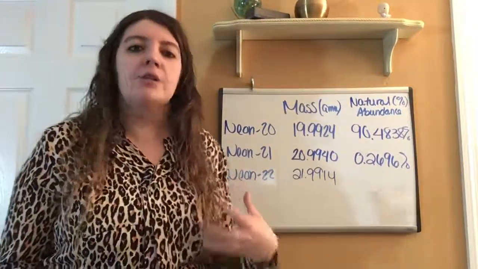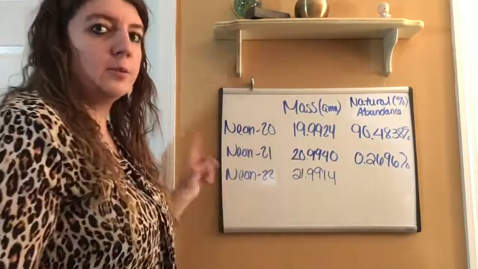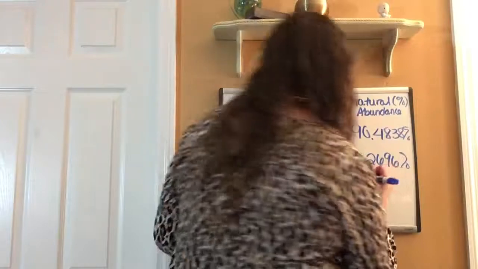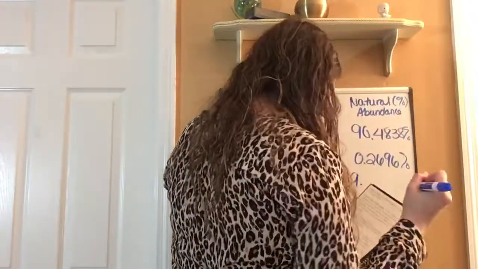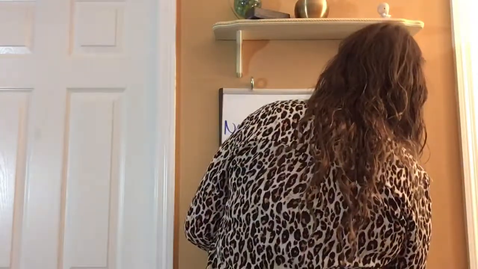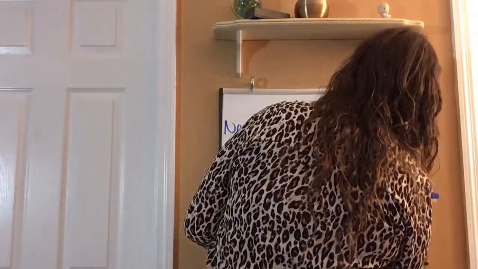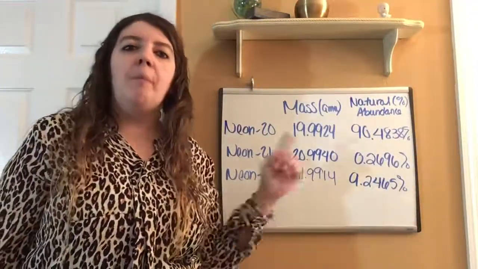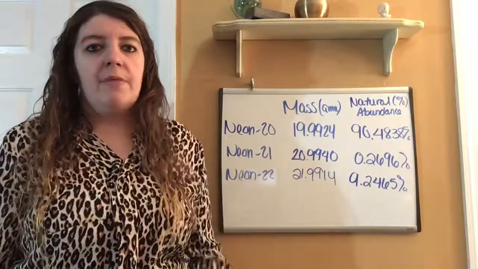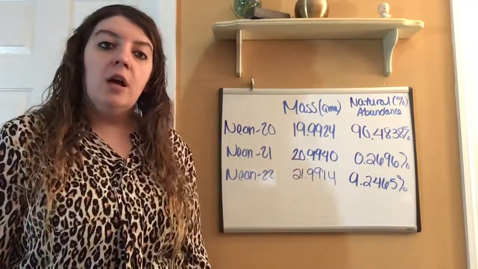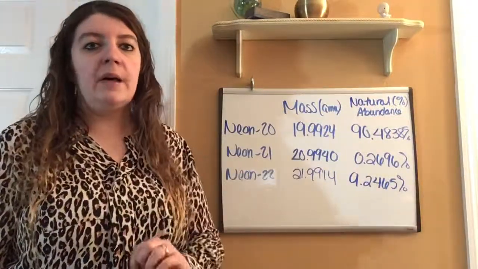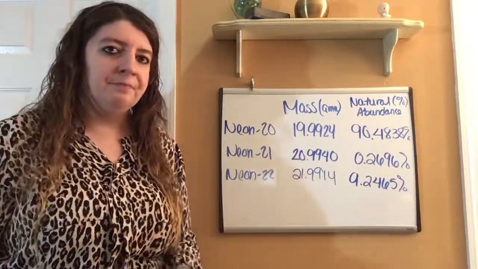Our average atomic mass will be closer to neon-20, which I'll explain why that occurs in a minute. And then the final one's going to be 9.2465%. Okay? And that should add up to about 100%. That's what we should get for the answer, and if so, all of our natural abundances come out evenly to 100%.